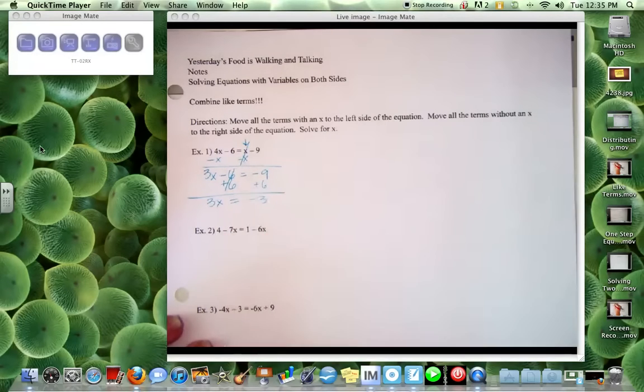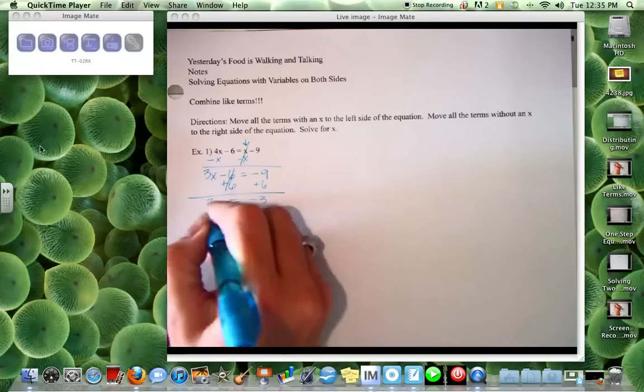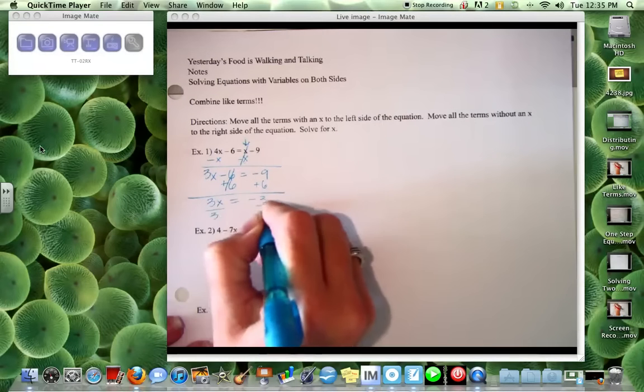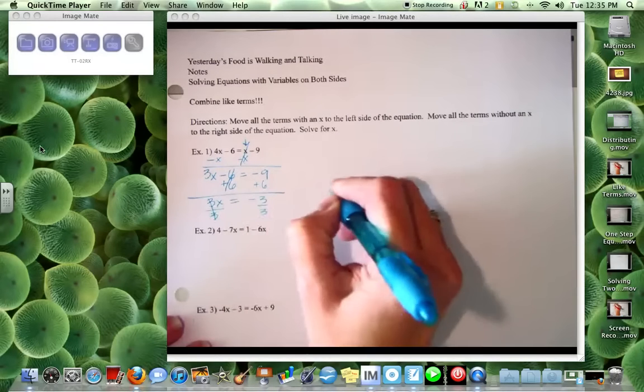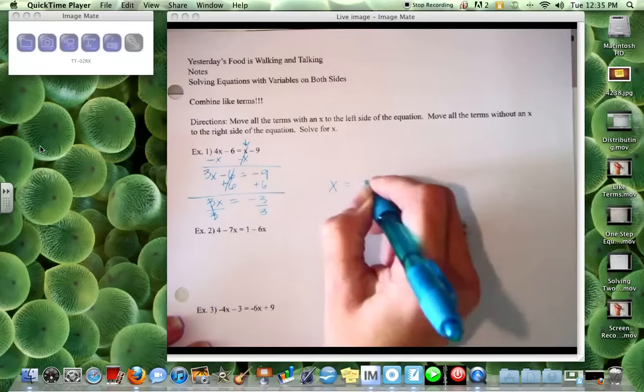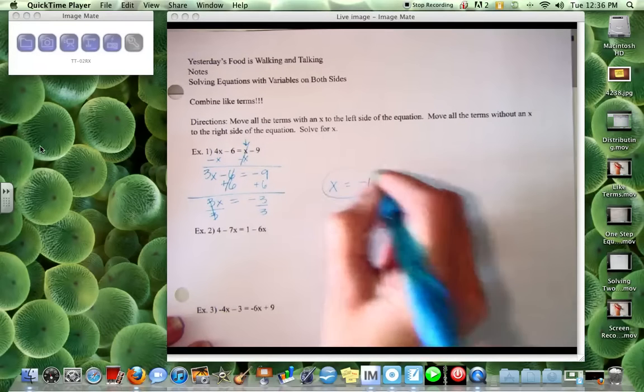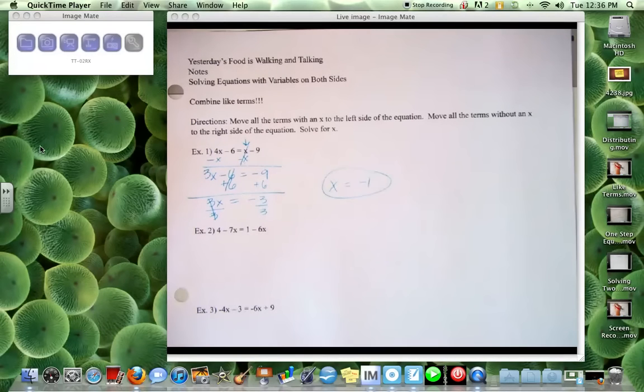And the last step is going to be divide by 3. X equals -1. Did you get the same answer if you did it the last time? Yes. And we're going to do one of the problems further down. We'll start from the opposite side, so you can see.